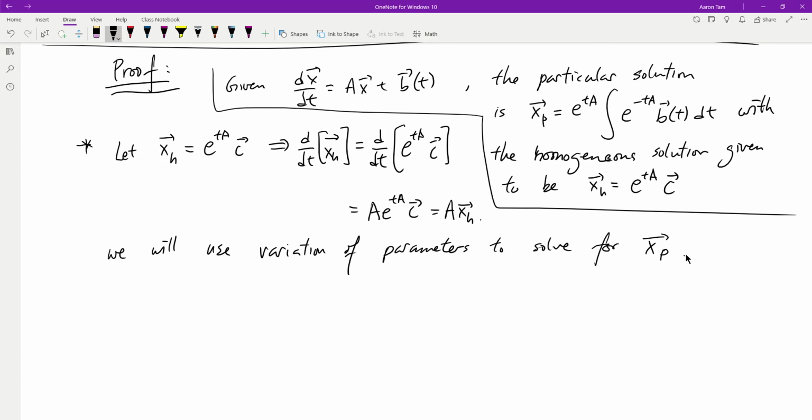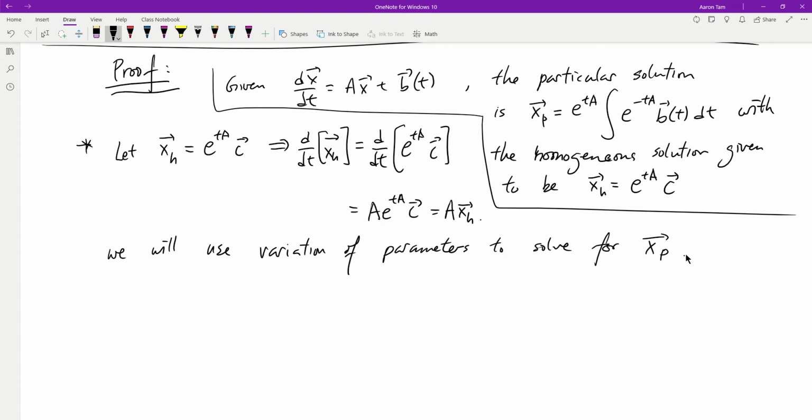I don't know how many of you remember variation of parameters, but the way it works is that we assume the particular solution is a multiple of the homogeneous solution, and then use that to solve for the new parameter.